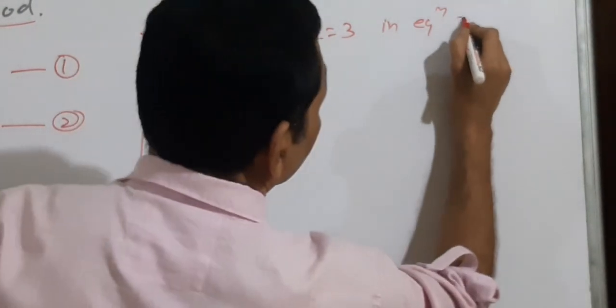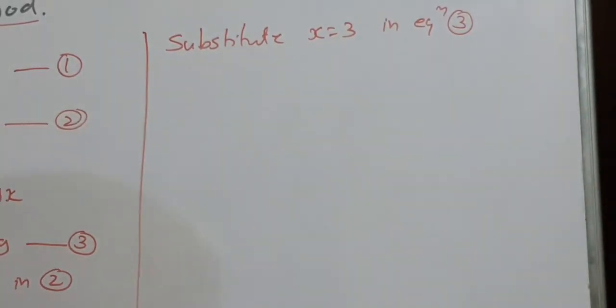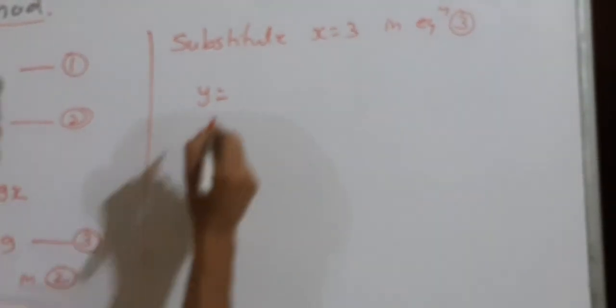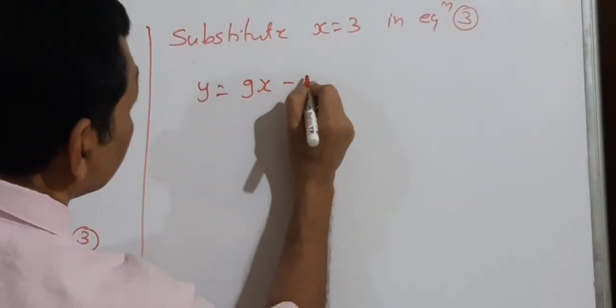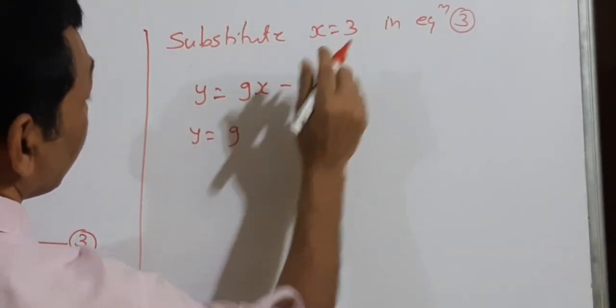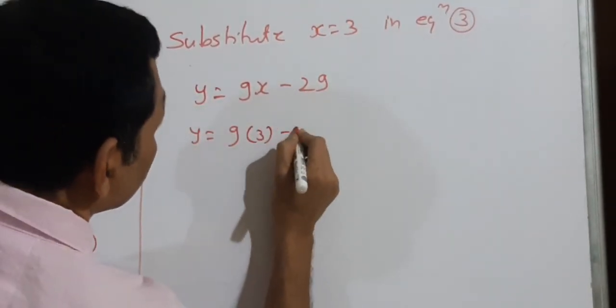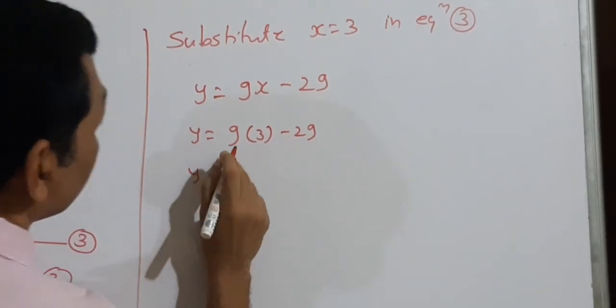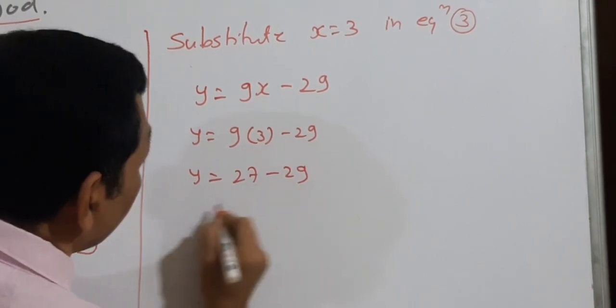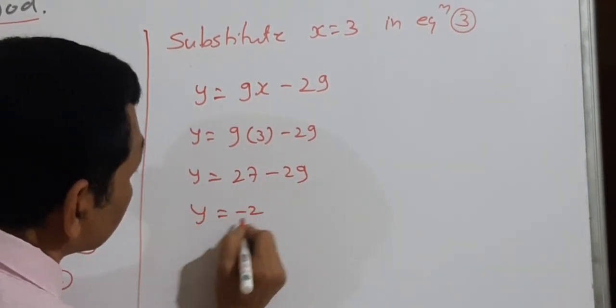And what is equation 3? y is equal to 9x minus 29. And therefore y is equal to 9 into, what is the value of x? x is 3, minus 29. And therefore y is equal to 9 threes are 27 minus 29, and y is equal to minus 2.